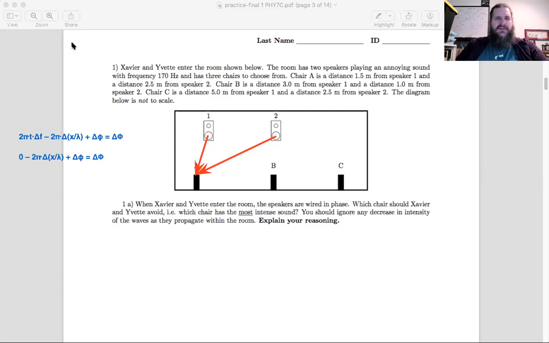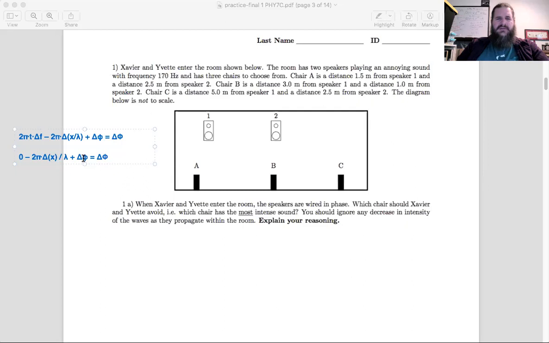What about wavelength? Is there any difference in wavelength? Shouldn't be, right? They're the same frequency, they're traveling at the same speed, so they have the same wavelength. That means wavelength is a constant, so it can be factored out of the delta there. We've got 2 pi times delta x divided by the wavelength.